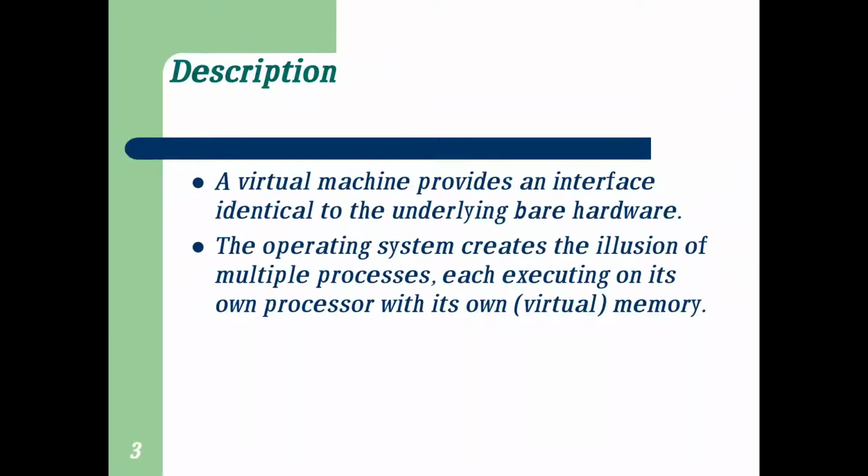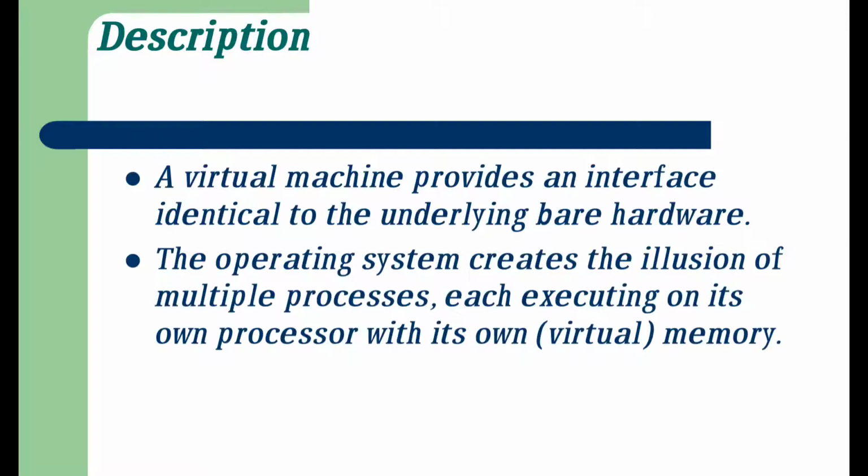Now see, a virtual machine provides an interface identical to the underlying bare hardware. What does it mean? Bare hardware means only one hardware is there for one system, and other platforms, like other operating systems, can use the same hardware.